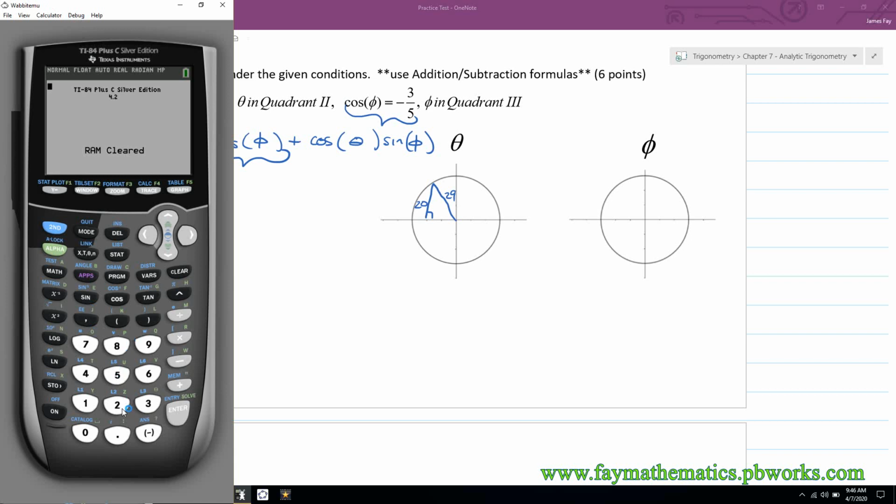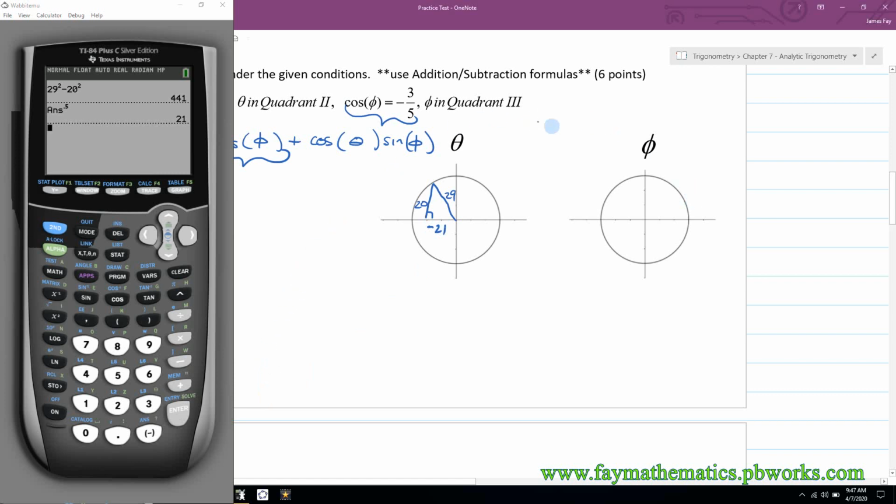So we'll say 29 squared minus 20 squared is 441. Square root of that, 21. So this distance here would be negative 21.